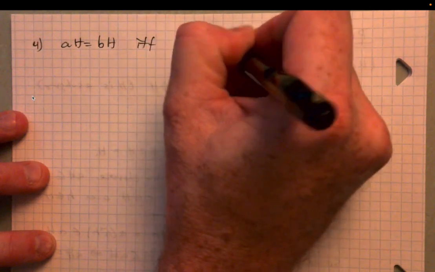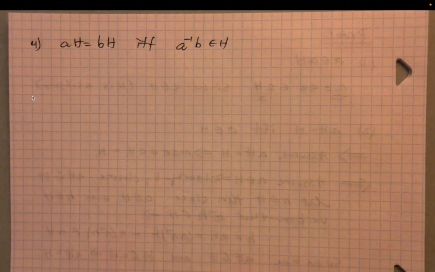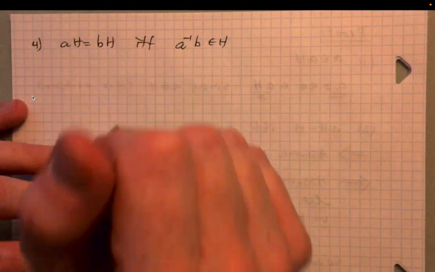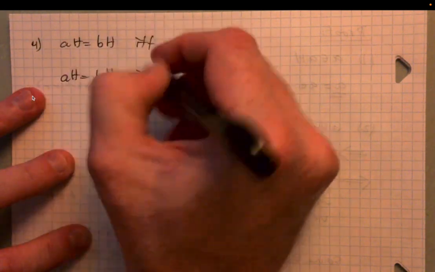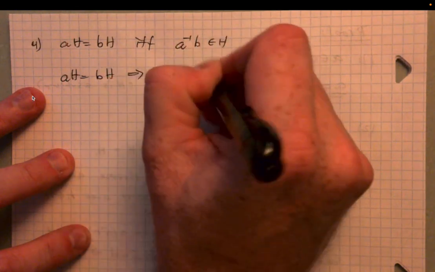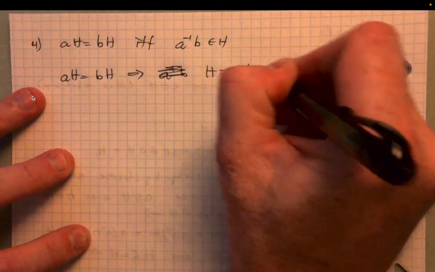Let's jump up to 4 here. So 4 says AH equals BH if and only if A inverse B is in H. Well, this one actually follows directly from property 2, because notice if I have AH equals BH, then that implies that H is equal to A inverse BH, right?